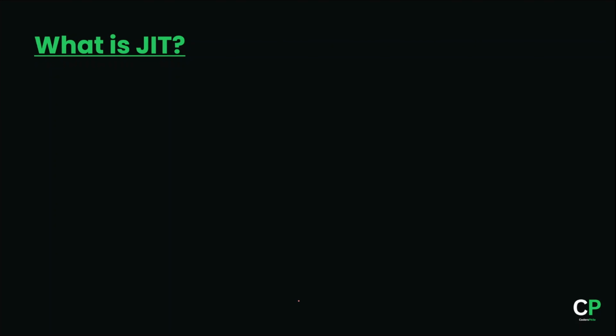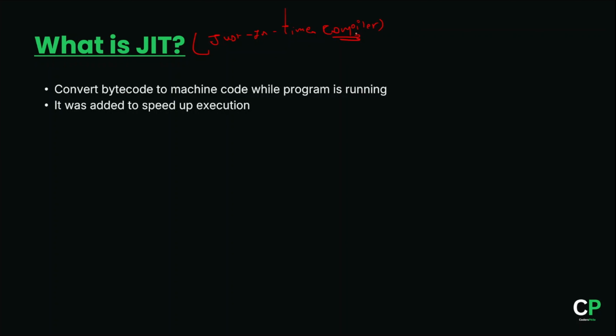So now let's see, first, what is the JIT? JIT stands for just-in-time compiler. So let's see what the just-in-time compiler is. Basically, here was our .java file. It is converted by the javac compiler into the .class file.